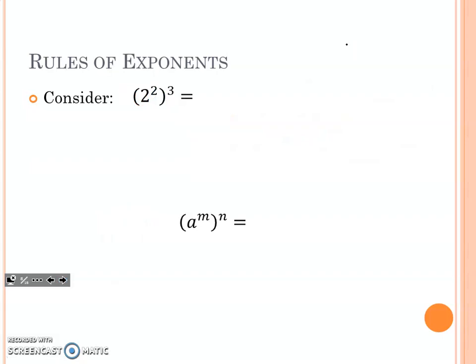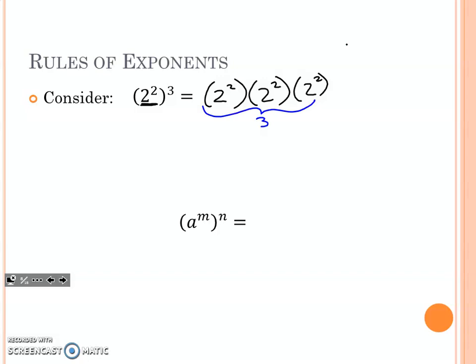Next one we have is called our power rule for exponents. So I have 2 squared cubed. The first thing is that this 2 squared needs to be cubed. So really 2 squared cubed is 2 squared times 2 squared times 2 squared, 3 times.